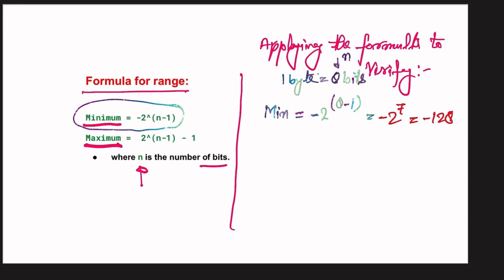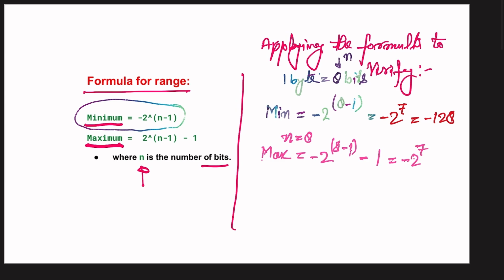For maximum value, let me just calculate. For max, we have minus 2, and since byte has 8 bits, n is equal to 8 again. So 8 minus 1, and minus 1, it becomes 2 power 7 minus 1.